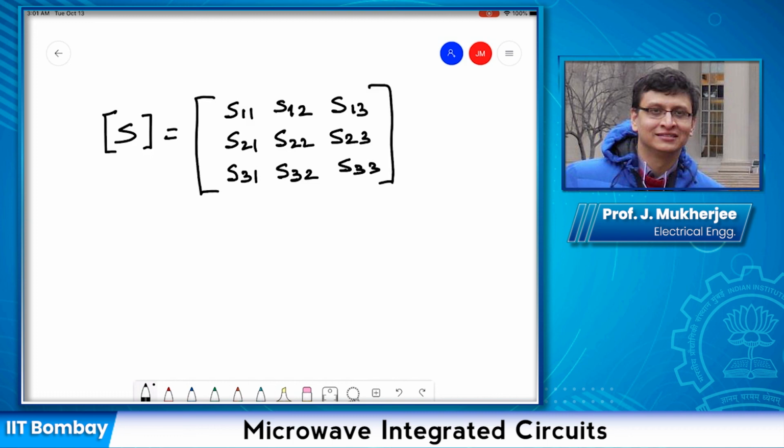So if this network is lossless and reciprocal, then first of all, for reciprocity, we have to have S equal to its transpose.